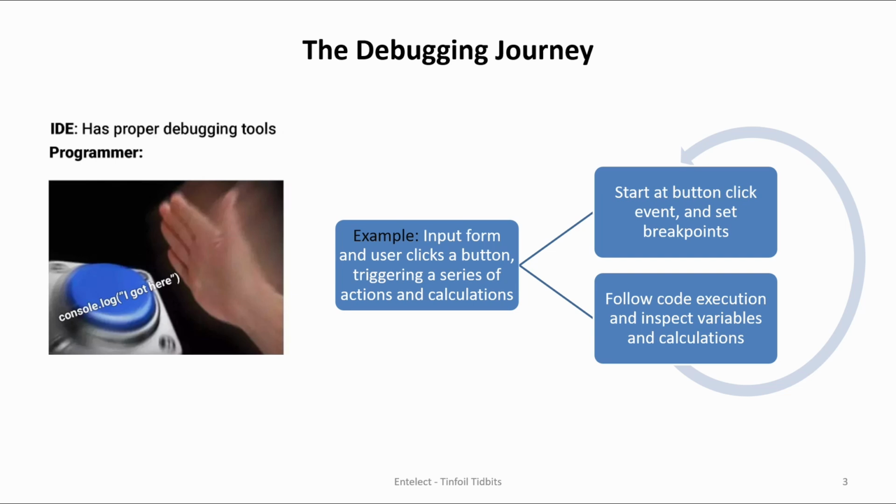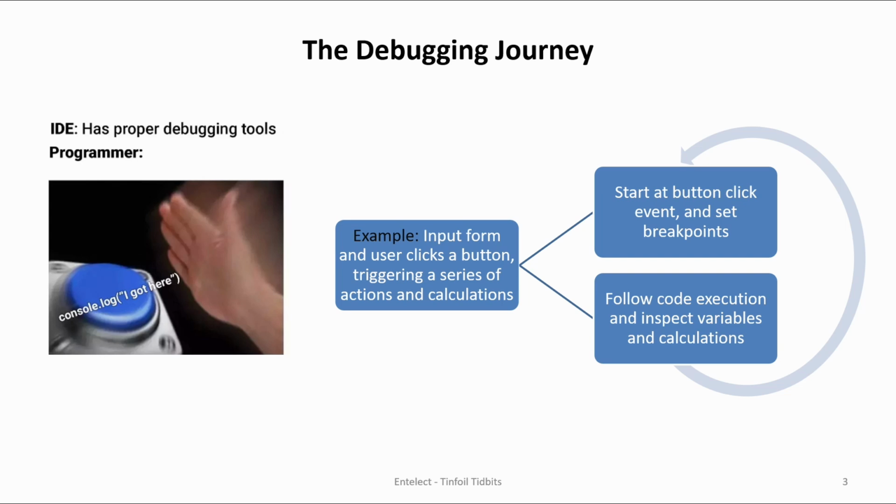So a simple example, just to give context to the whole process, is, let's say we have a simple software application or a web app. The front end is a web user interface, and we have a form where the user inputs a bunch of information and then clicks a button like save or next, and on click of that button it triggers a series of actions or calculations.